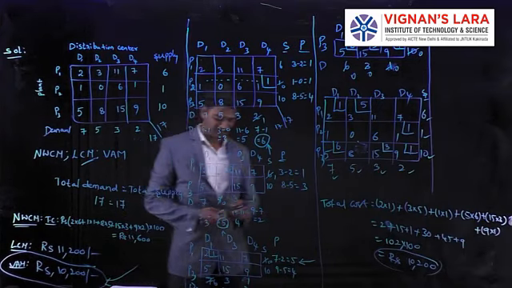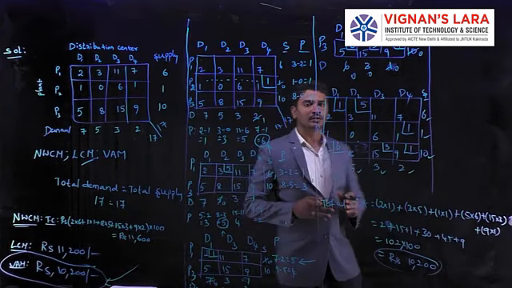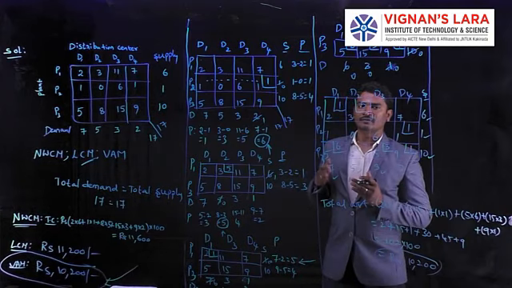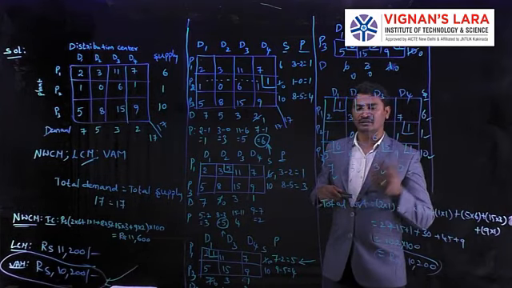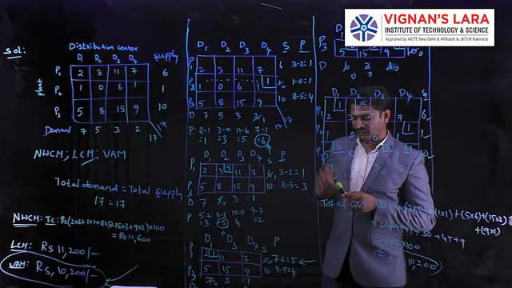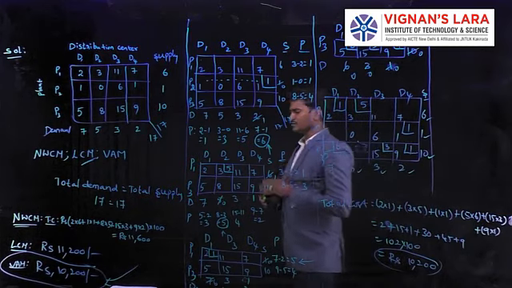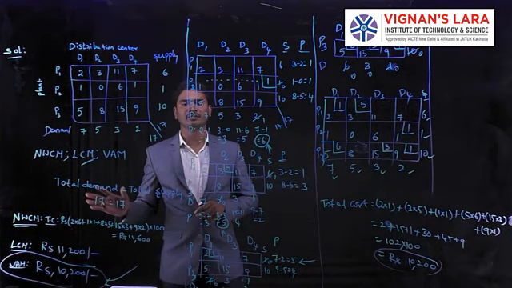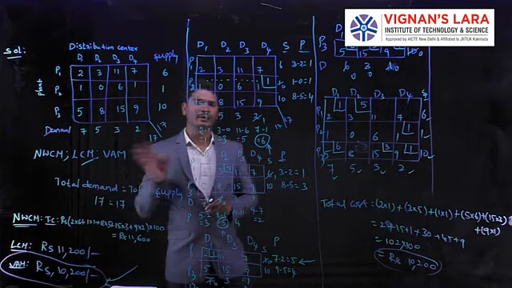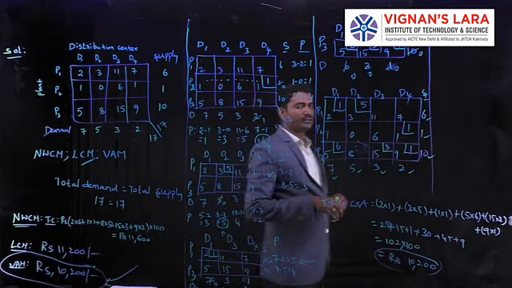Vogel's approximation method is the best method to transport the milk from one plant to a distribution center. In every industry they choose the VAM method for calculating their transportation cost. Why? Because it is the best method compared to all the remaining methods.